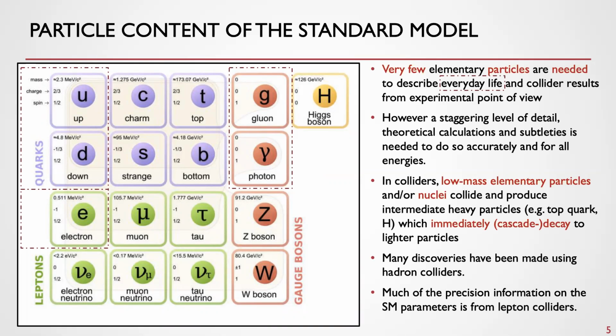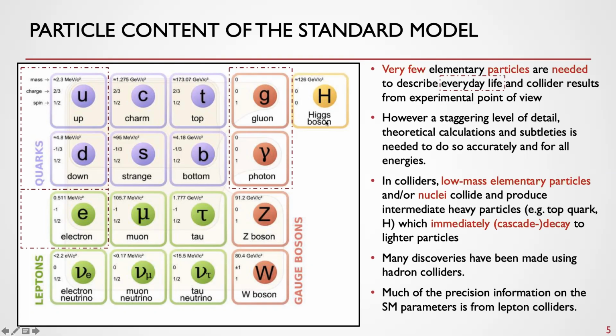I think every student of particle physics should know what you see here: the particle content of the standard model. In fact, from these three generations of quarks, up, down, charm, strange, top, bottom, and leptons, electron, electron neutrino, muon, muon neutrino, tau, tau neutrino, and the force particles, the gluon, the photon, the Z boson, and the W boson, as well as the Higgs boson.